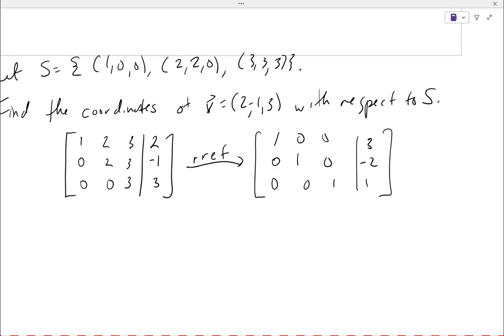This is stuff we've done before, right? So if you were asked to write V as a linear combination of those three vectors, what would you use?